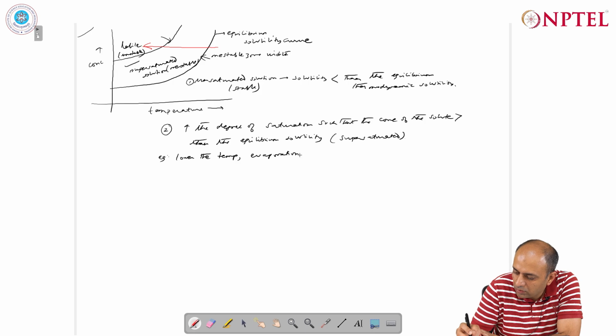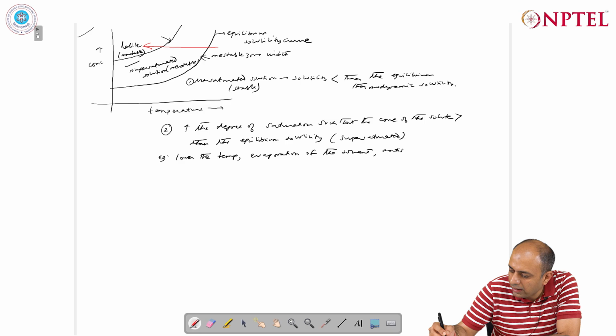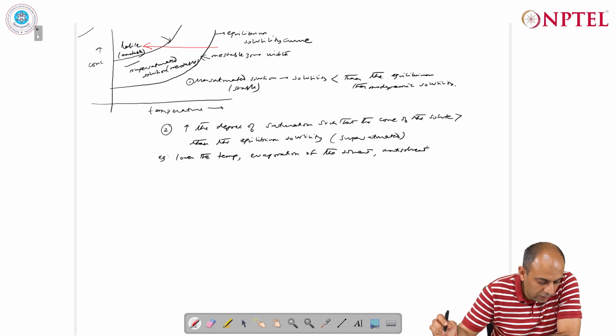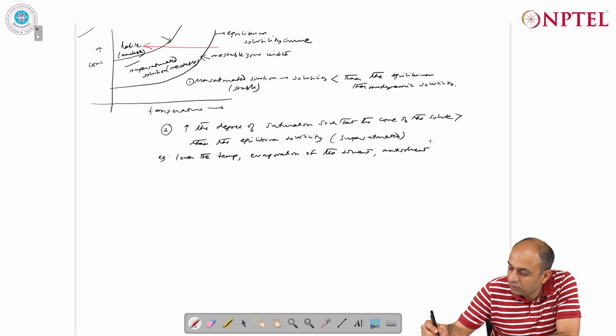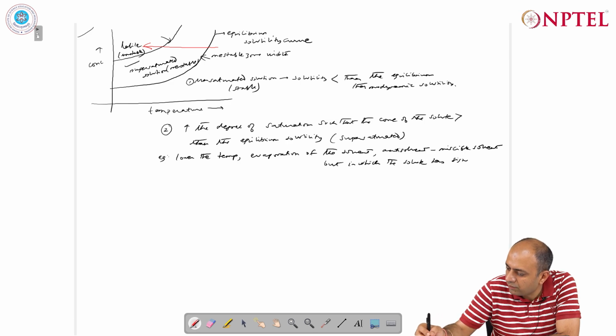or evaporate the solvent, because that increases the effective concentration of the solute. Or you can add an anti-solvent, which is a miscible solvent, but in which the solute has significantly less solubility.